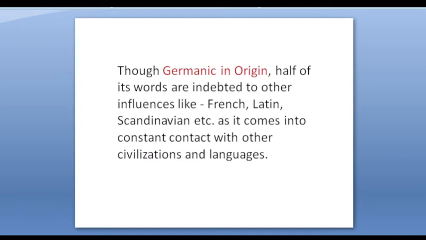Though Germanic in origin, half of its words are indebted to other influences like French, Latin, Scandinavian, etc., as it comes into constant contact with other civilizations and languages.